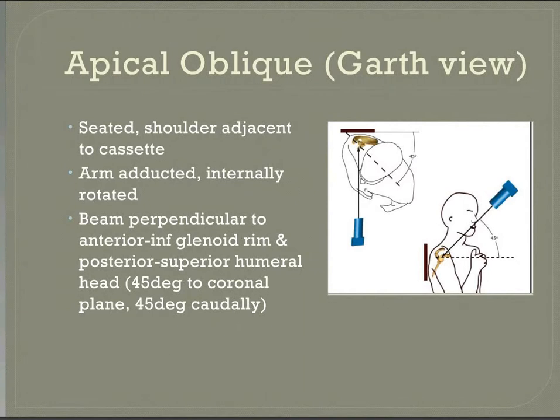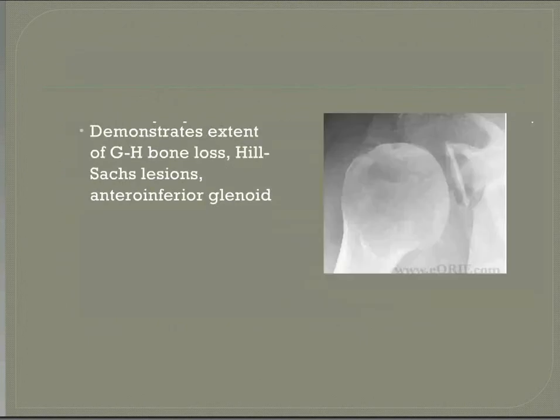So you've got adduction and internal rotation with a caudal tilt again. This is one picture that I could find to show what that would look like, with the aim being to examine the posterior superior shoulder, proximal humerus, and also the glenoid.